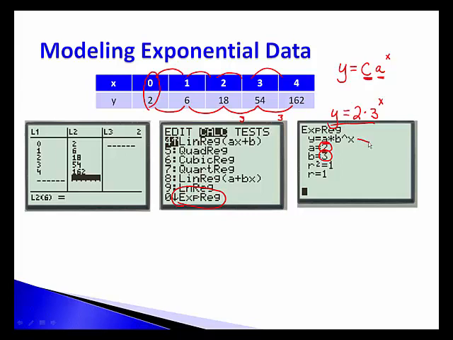But it's not hard to remember that because they tell you right on the screen where each number goes. But I just want to make sure that you don't get confused thinking this is what we call a. It's not. But plucking those numbers from there and writing your exponential equation is not a big deal. So it is indeed f of x is equal to 2 times 3 raised to the x power.